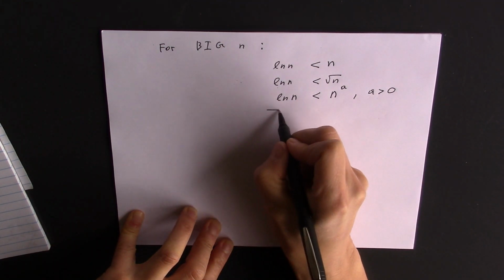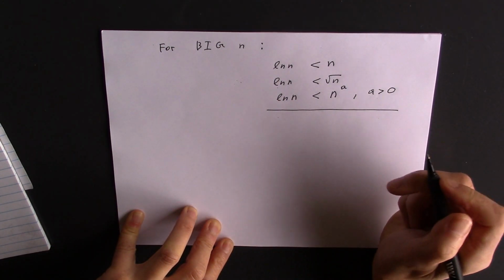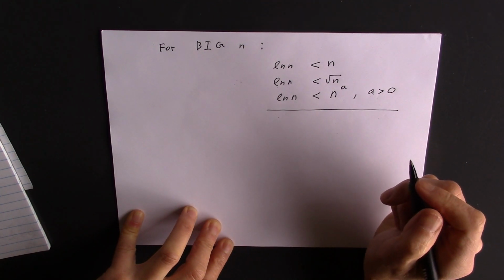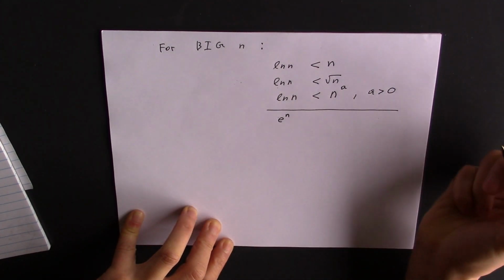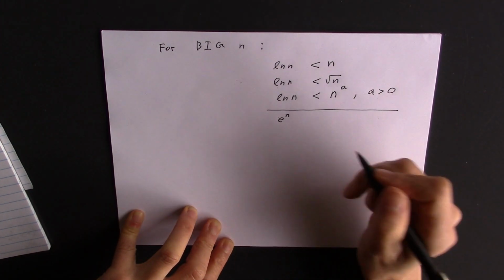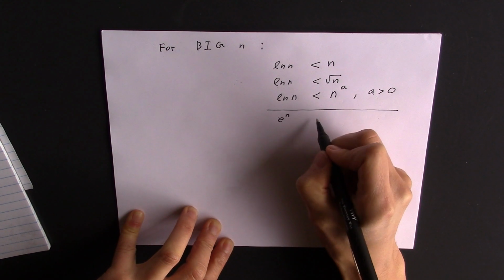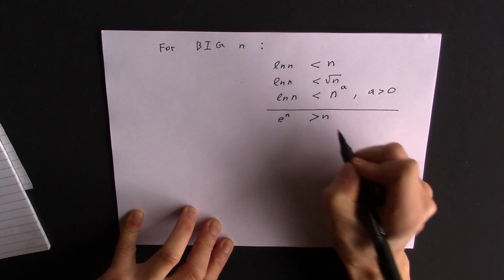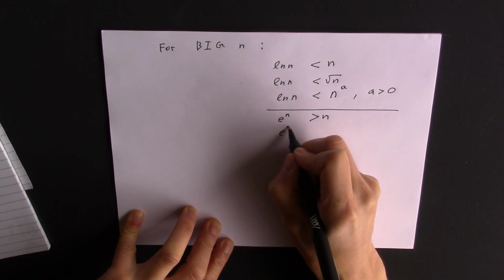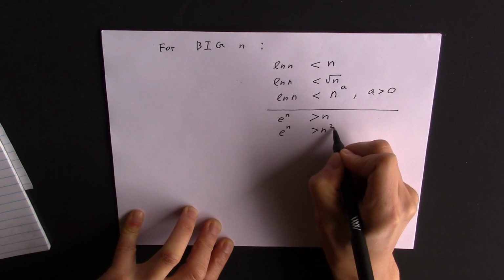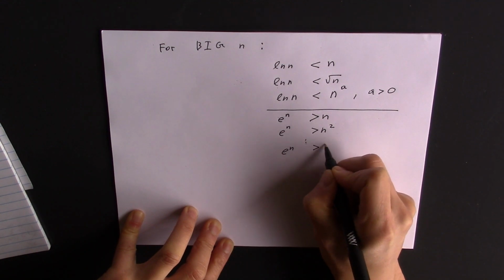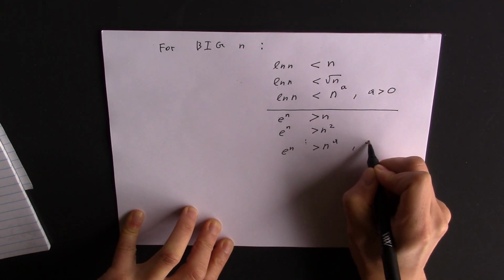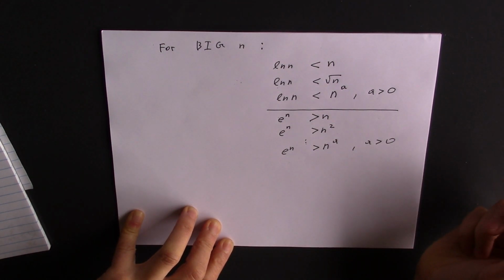And also, if you want to use comparison test with something which involves an exponential function, for example e to n, which is actually the opposite of natural log, it's bigger than any polynomial. It's bigger than n squared, and so on. e to n is bigger than n to a, where a is any positive number.